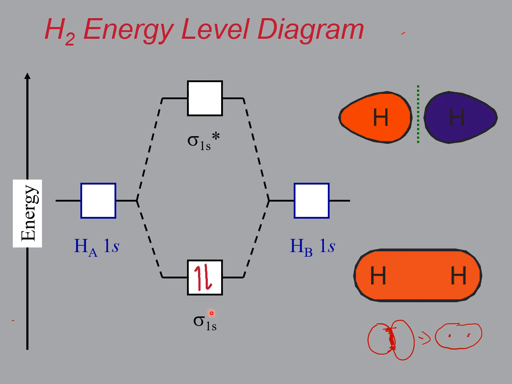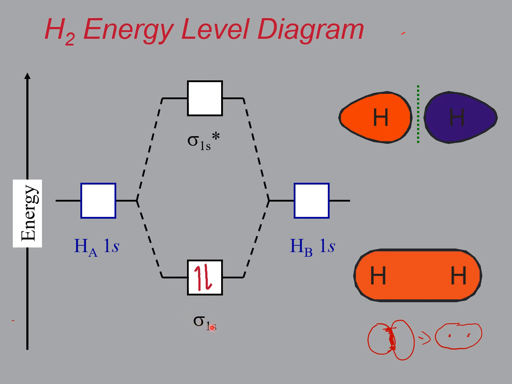And from this, we can construct the bond order, or the electron configuration of H2. Now let's look at this. This is called a sigma, the same terminology that we looked at with some of the valence bond things. If you look down the bond axis, you basically just see a circle.